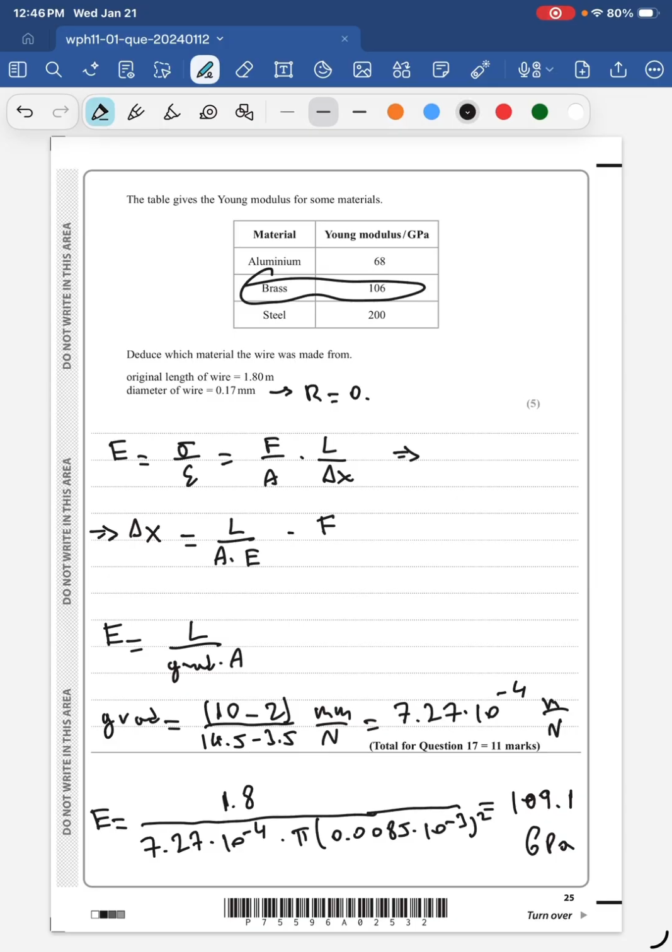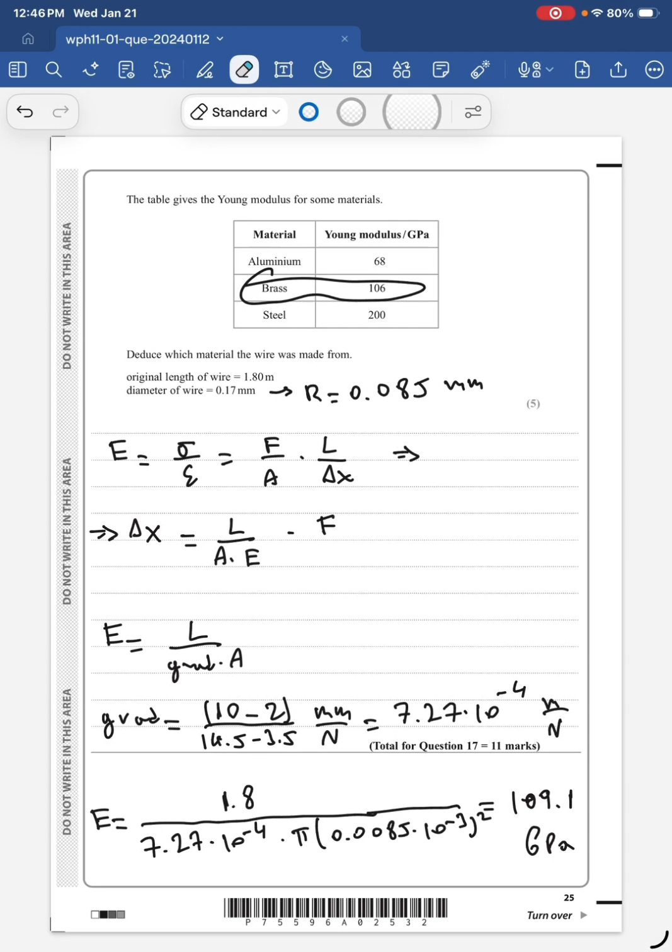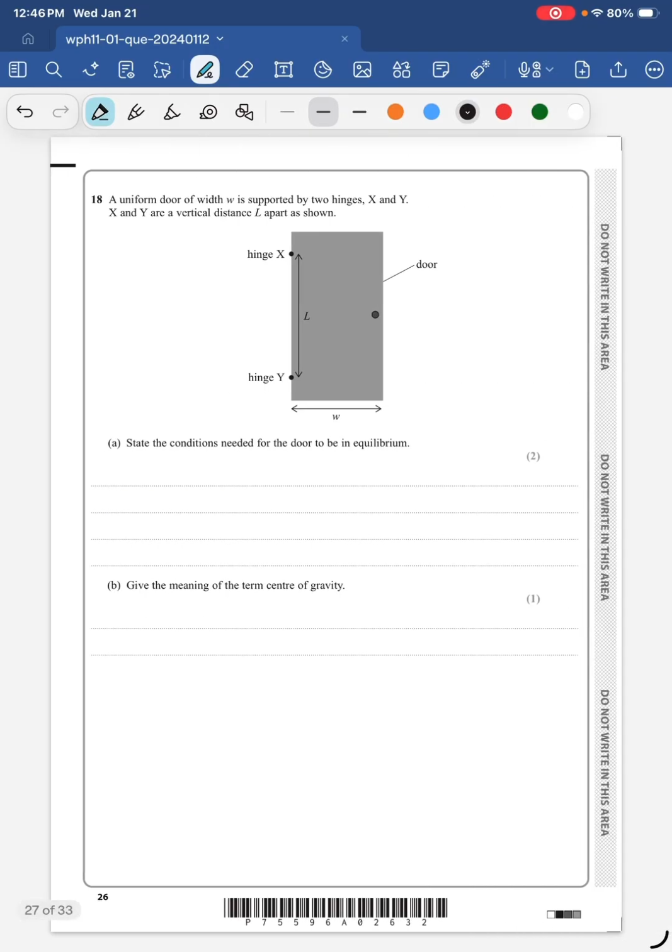Okay, so 0.17 over 2, so 0.085 millimeters. I added one more zero here. It should be 0.085. Okay, in case there is something wrong with the calculation, let me know in the comments, but I want to move on. You got the idea about how this problem is solved.